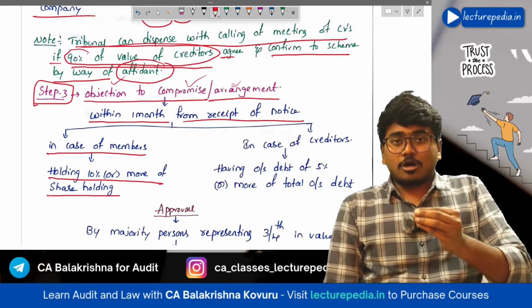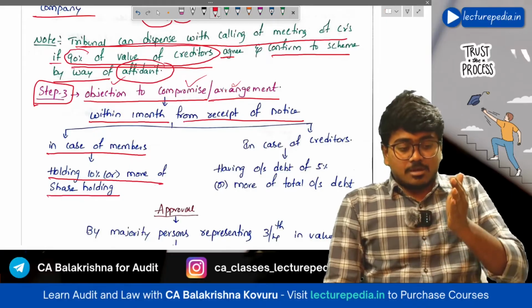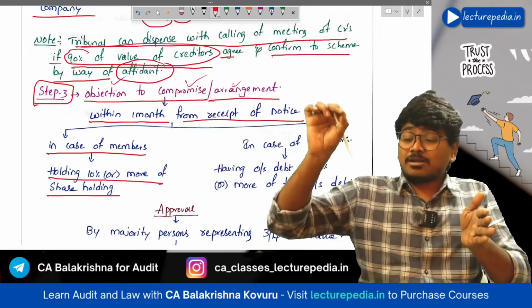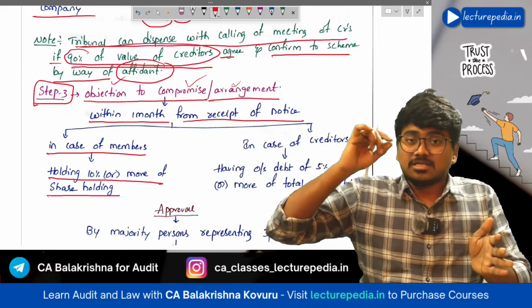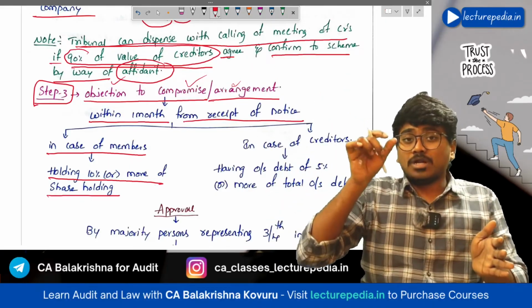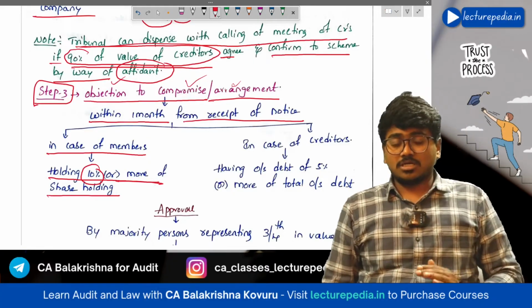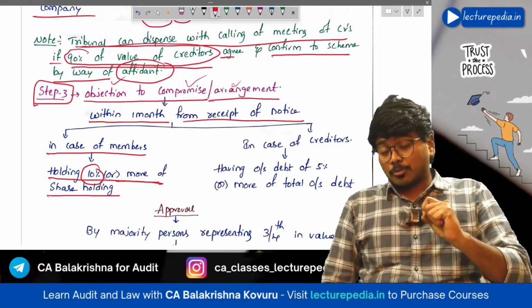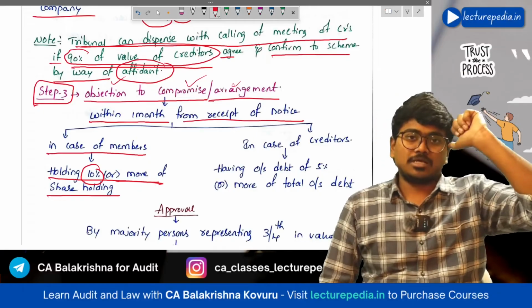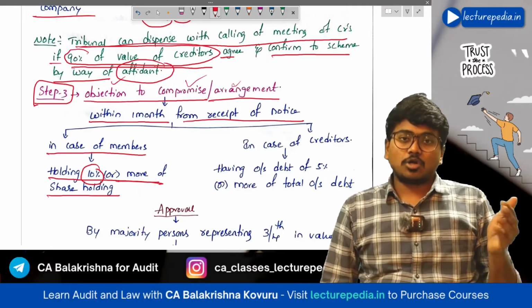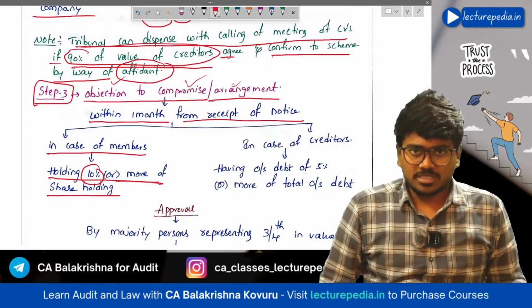If the compromise or arrangement is between company and members, then within 1 month of giving of notice, members holding at least 10% or more shareholding can object to the compromise or arrangement. If that many shareholders have not objected, then it will be approved basically.